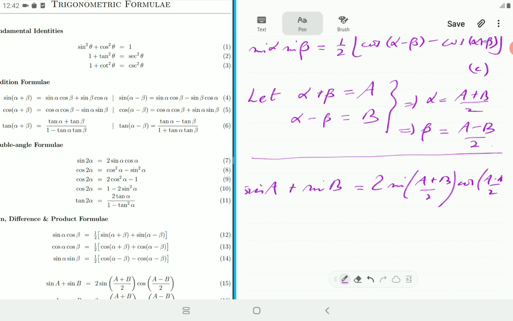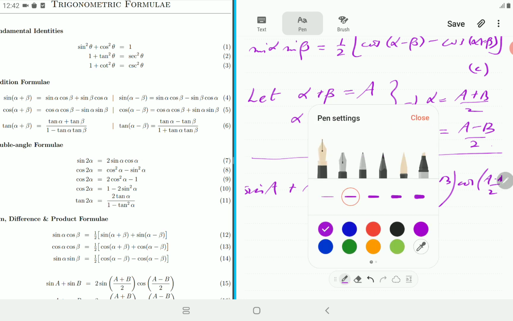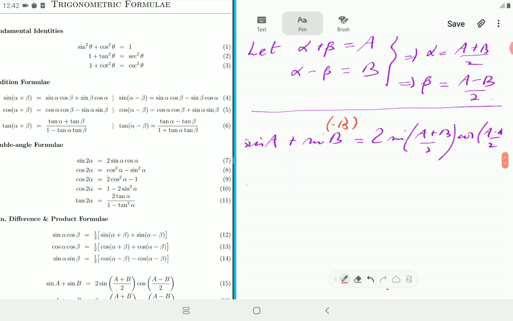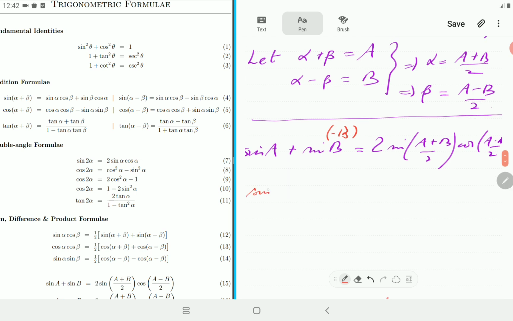In fact, from this formula, if we make a change from B to negative B, so if you make this one negative B, then since sine is odd, the second term we can simply write like that, and then on the right hand side here we're simply going to change every B to negative B. So we're going to have here (A minus B) over 2.